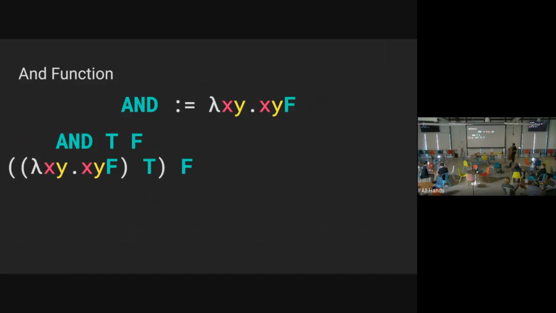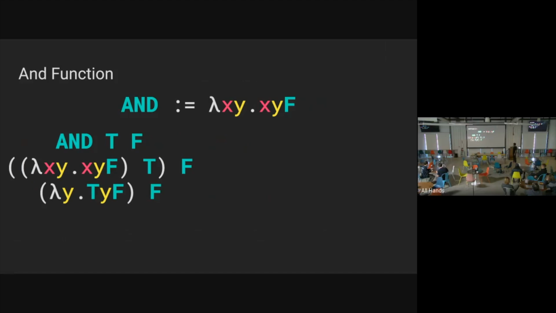And so if we step through it, the first thing that we do is we replace AND with this body over here. So lambda xy, xyf, t, and f, right? So here we have some lambda function, and here we're denoting that we want to apply t to this function. The first parameter is x, and so within this body, every time this x appears, we want to replace it with a t.